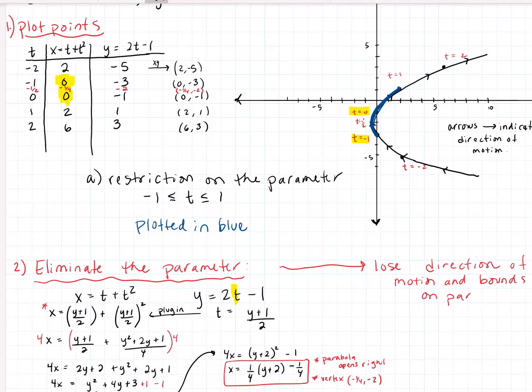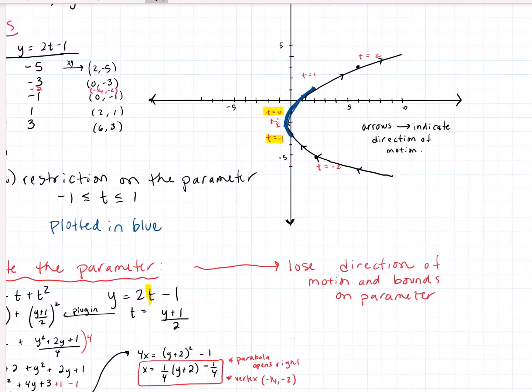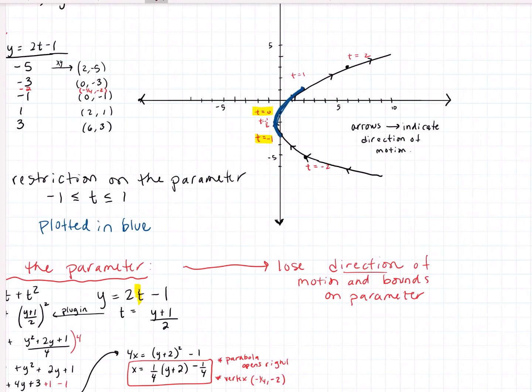Just keep that in mind, because we will often use this method of eliminating the parameter to get our graphs. You might need to take a moment and plot maybe 2 or 3 points just to get a sense of what the direction of motion is, or which piece of it is actually being looked at based on the bounds on the parameter.